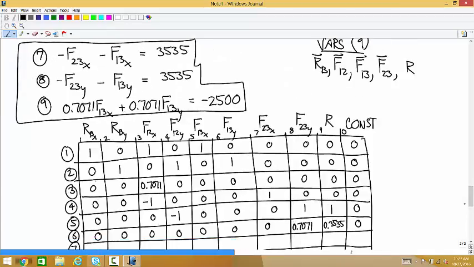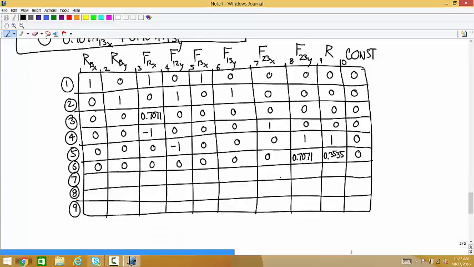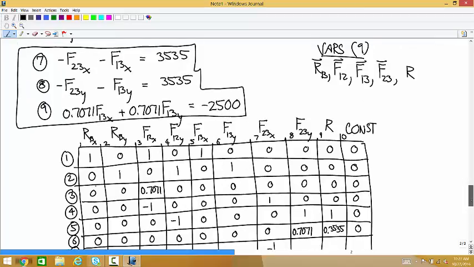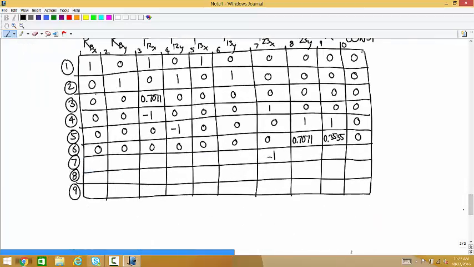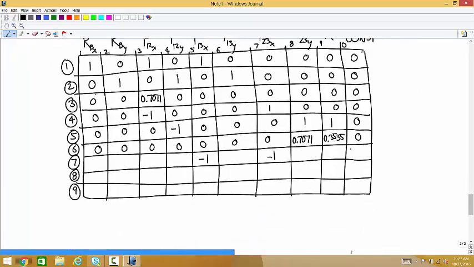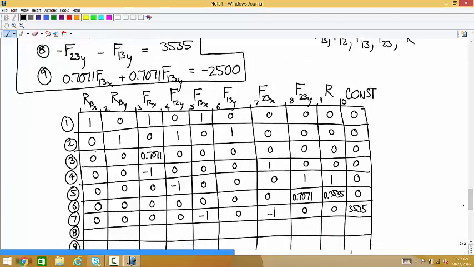And then equation 7, F23x, we have -1. F13x, we have -1. And the constant is 3535. Equation 8, F23y, we have -1.